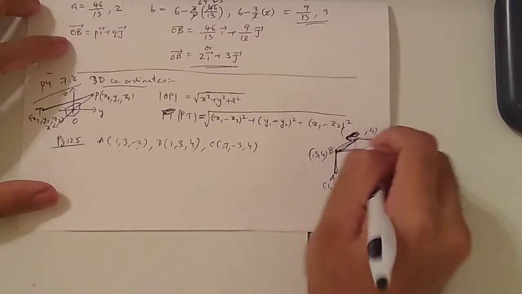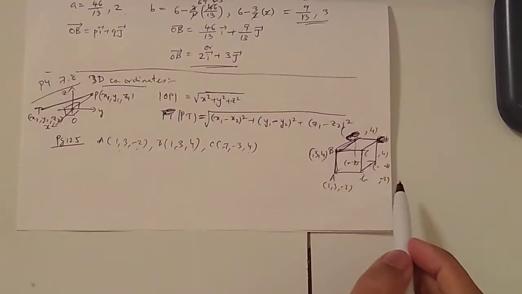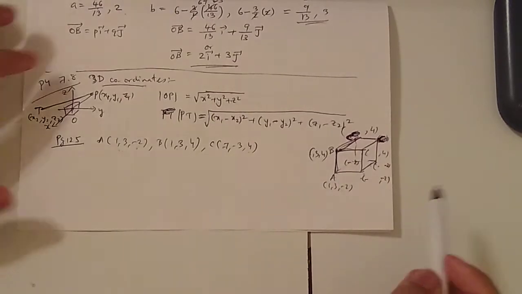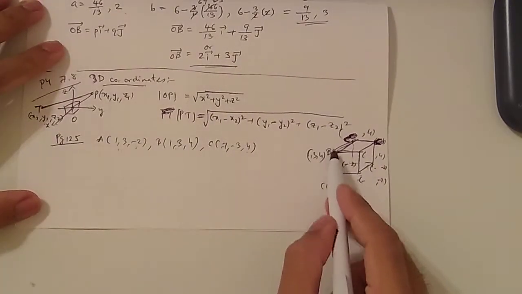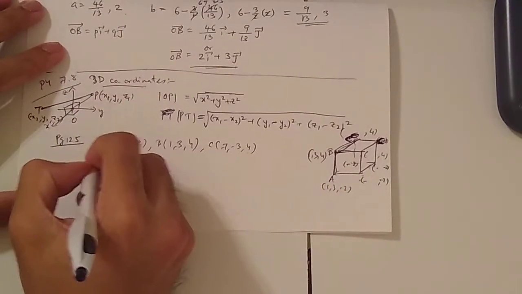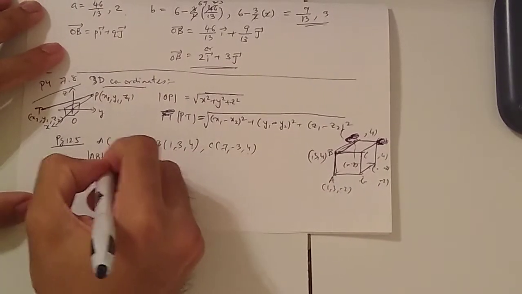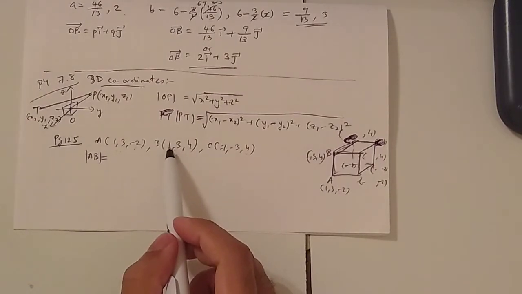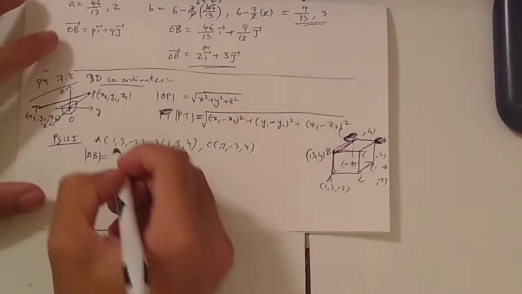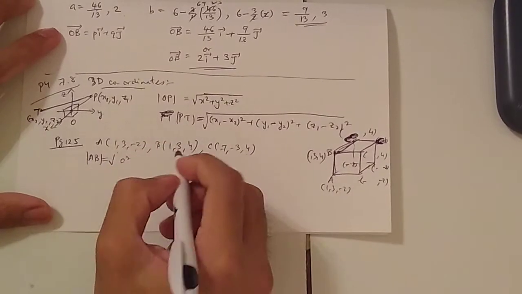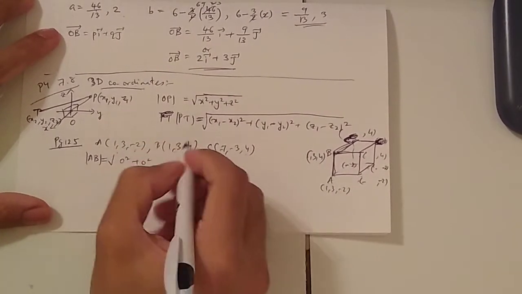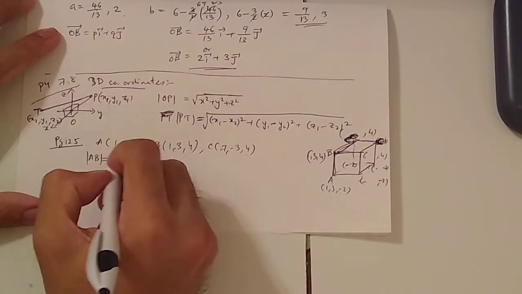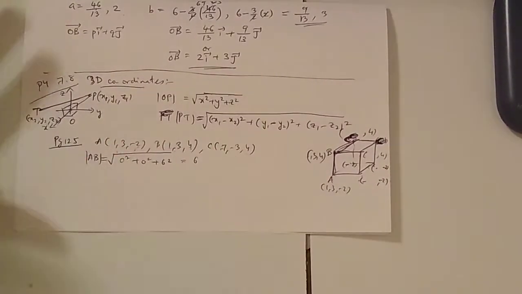To find out whether C lies over here or here or here, we need to find the distances. So what is AB? The distance AB is equal to the root of (1 minus 1) squared, which is 0 squared, plus (3 minus 3) squared, which is 0 squared, plus (4 minus minus 2) squared, which is plus 6 squared, and that is going to be overall 6 units.